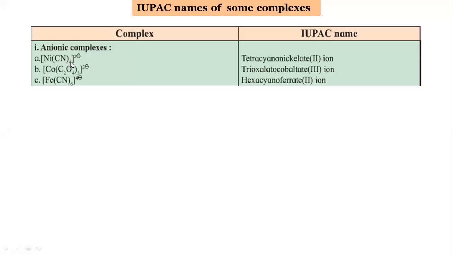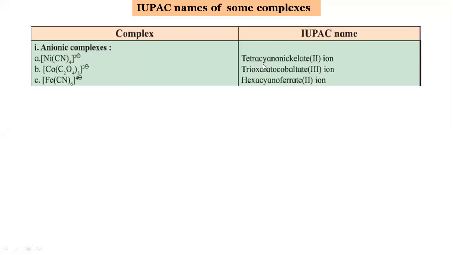According to the IUPAC nomenclature rules, if there is more than one, we have to write prefixes. If 2 ligands are there, it will be di. If 3 ligands are there, it will be tri, then tetra, penta. So in this example, there are 4 cyanide ligands, so the name will be tetra first.